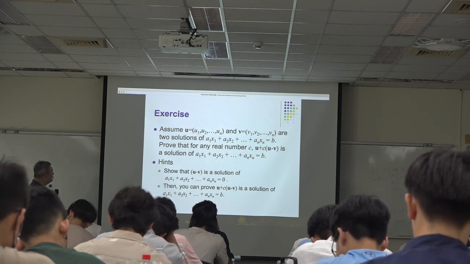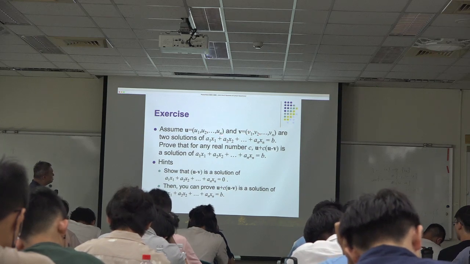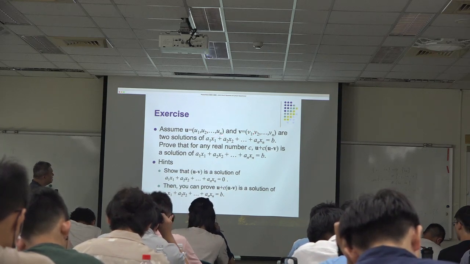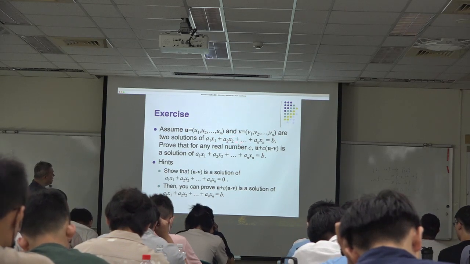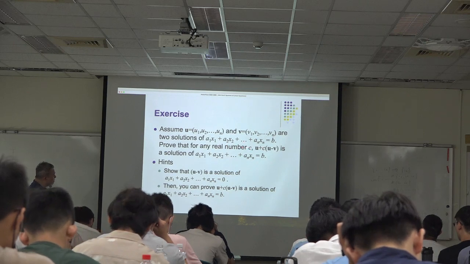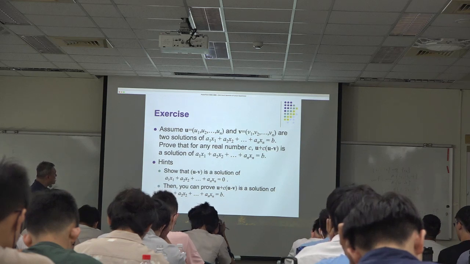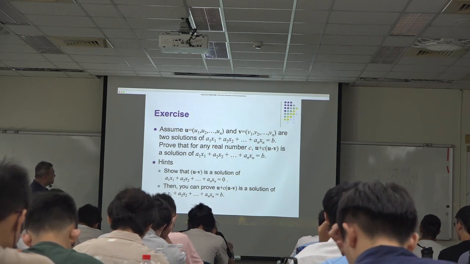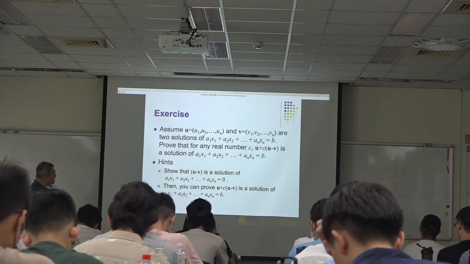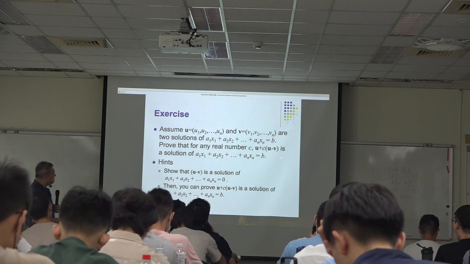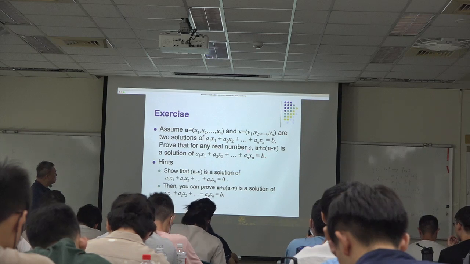Assume u to be (u1, u2, ..., un), and v to be (v1, v2, ..., vn). These are 2 solutions for one linear equation, a1 x1 plus a2 x2 plus ... plus an xn equal to b. We want to prove that for any real number c, u plus c times (u minus v) is a solution of this linear equation.